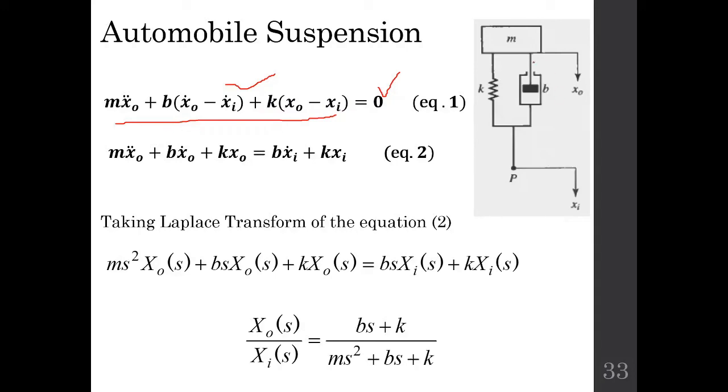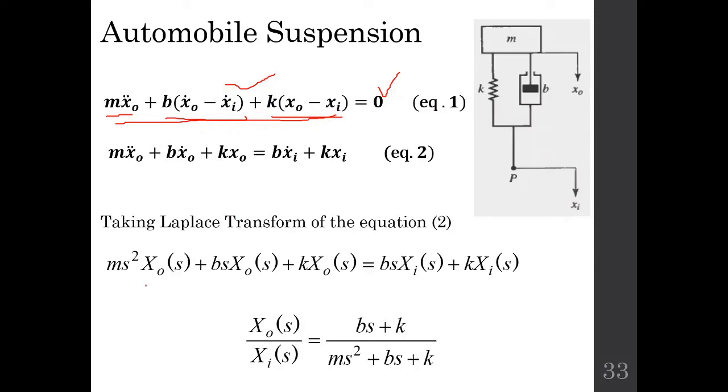The opposing force is exerted by the body of the car itself, that is the inertial force, then the opposing force applied by the spring, and then the dashpot. So this equation contains the inertial force of the car, the force applied by the dashpot, and the force applied by the spring.